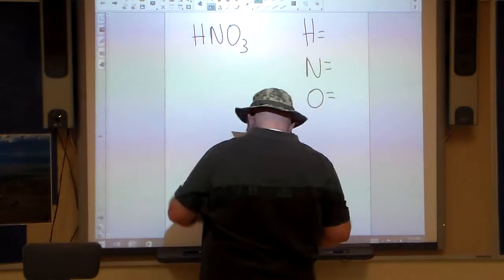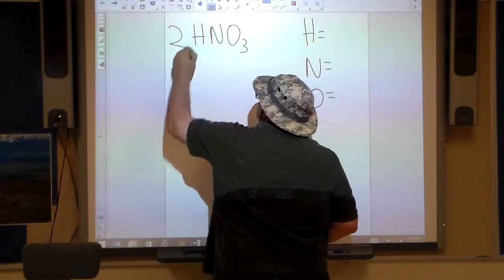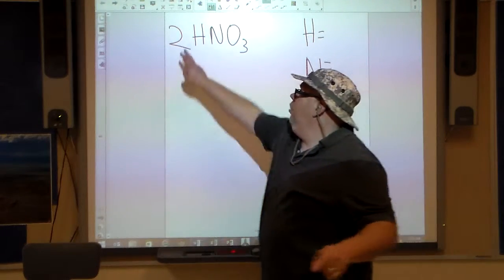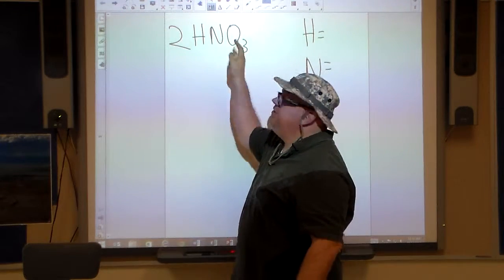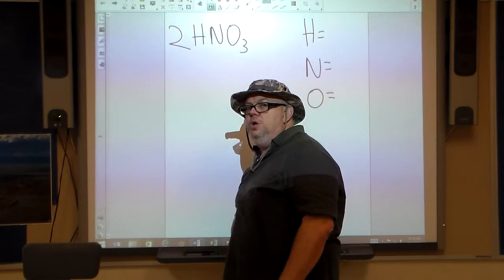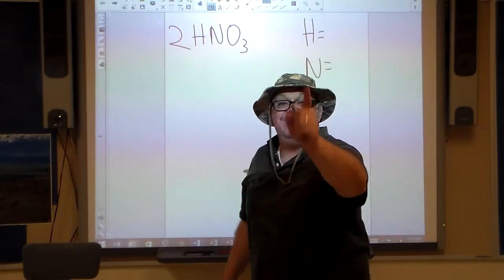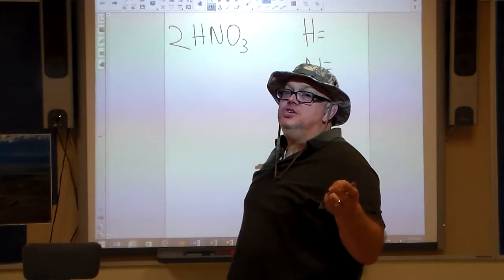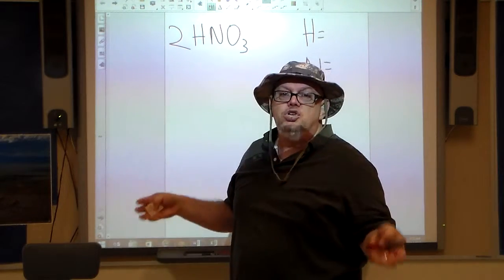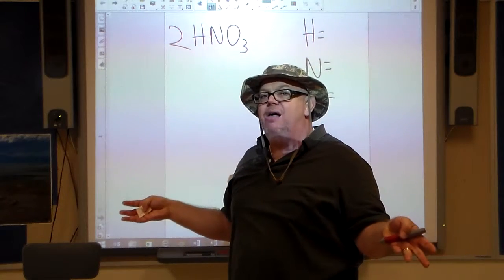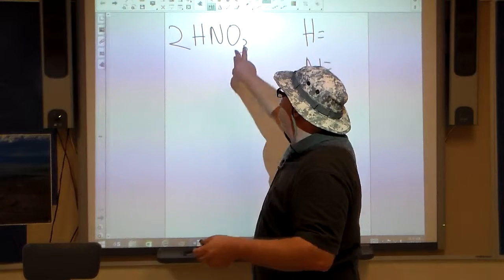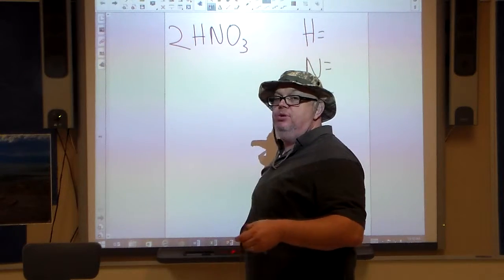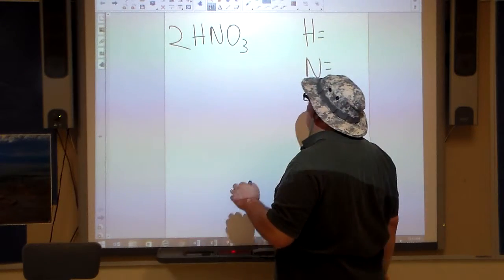If you see a number here, like a 2, does the coefficient affect the oxidation states of these individual atoms? And the answer is no, it doesn't. Remember, all the coefficient tells us is the ratio, how many we have. And at that point, it's like, I don't care how many we have. I need to understand how this is being put together. So let's go with it.